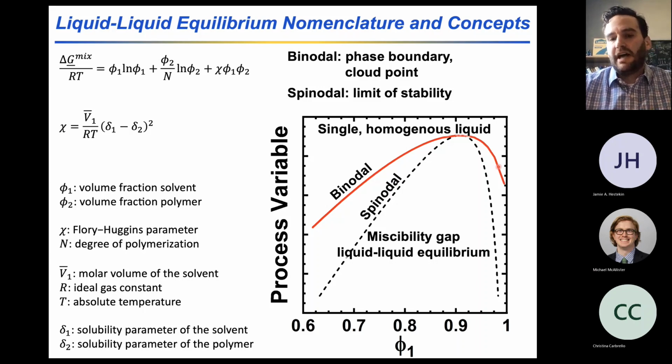The spinodal, this dashed line inside of the binodal, is the limit of stability. And so this idea of a spinodal and this limit of stability will become important as we think about membranes whose structures grow either by a nucleation and growth mechanism or a spinodal decomposition.